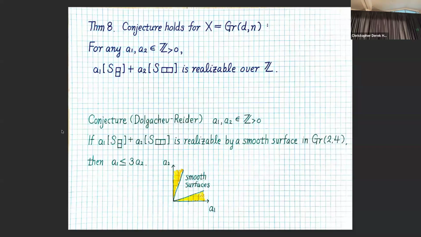So if this conjecture is true, and combined with theorem 8, you have the following picture for the realizable cycles in Gr(2,4). There is some interior cone, which corresponds to the smooth surfaces. And as you go outside, but still inside the effective cone of cycles, you can still represent them by irreducible surfaces, but necessarily singular ones.